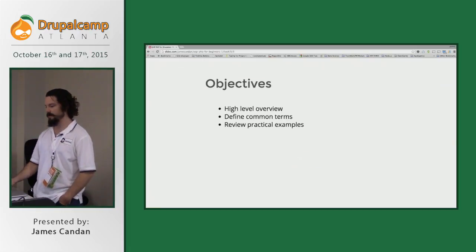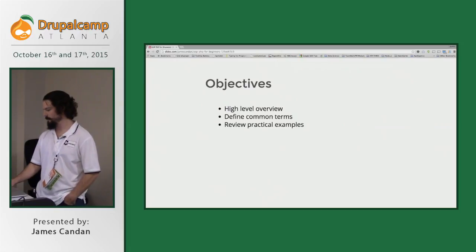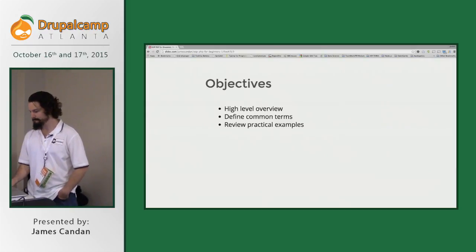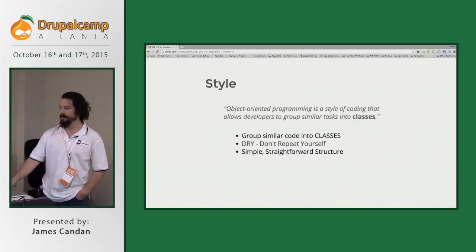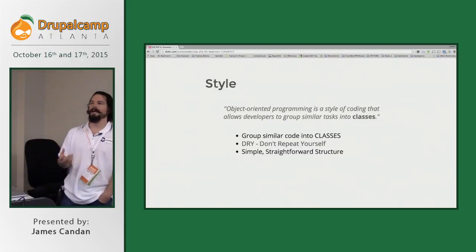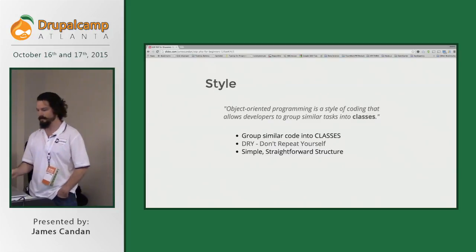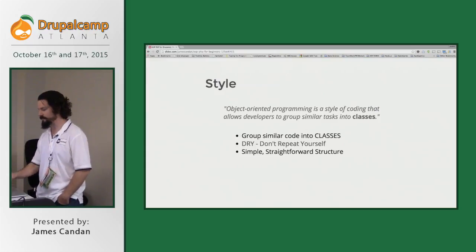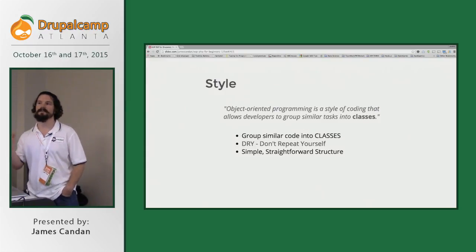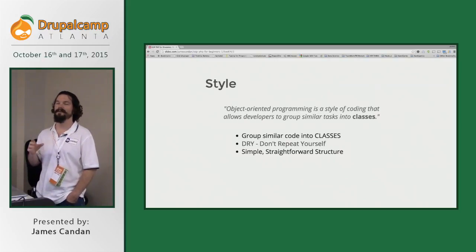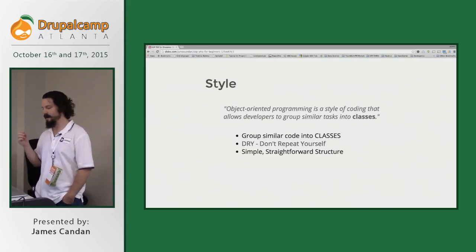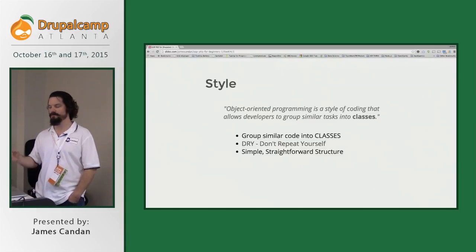So the objectives are a high-level overview of OOP concepts. We'll define some terminology and review practical examples. Understanding object-oriented programming: it is actually primarily a style. It is simply a method to not drive yourself crazy by allowing you to group similar concepts in your code together to try to be DRY.